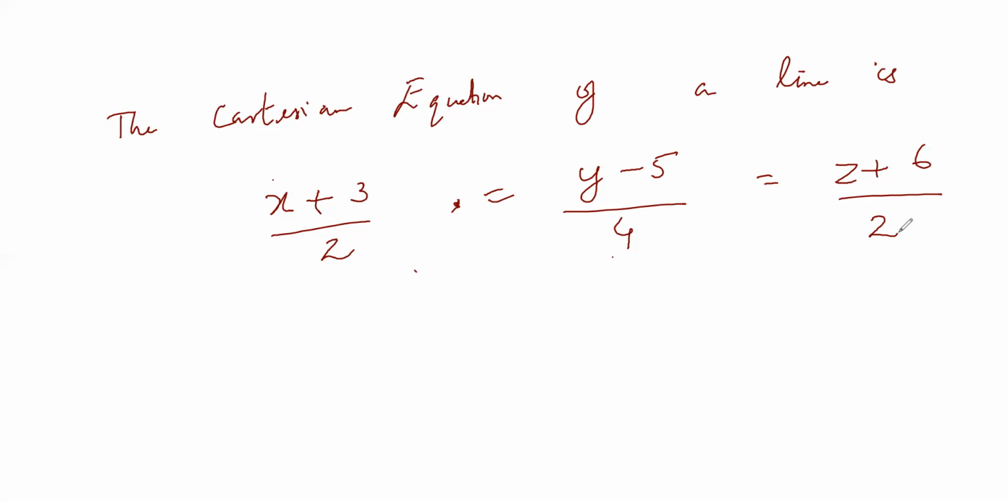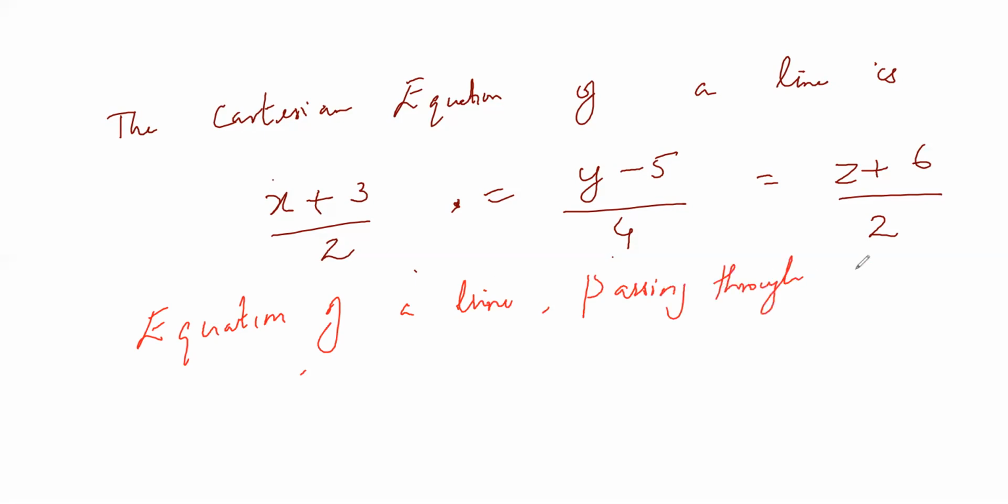So we all know the equation of a line passing through given points and parallel to a given vector b.